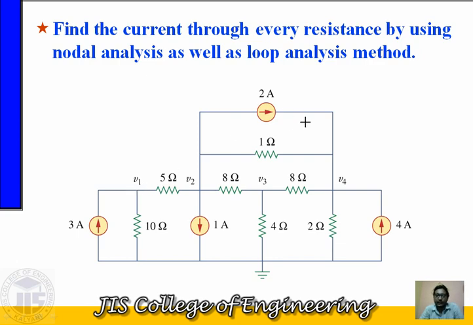Then obviously we will get the equations. Similarly, for the same circuit, apply nodal analysis as well as loop analysis and check the result. If you correctly solve the circuit, your result will be exactly the same.